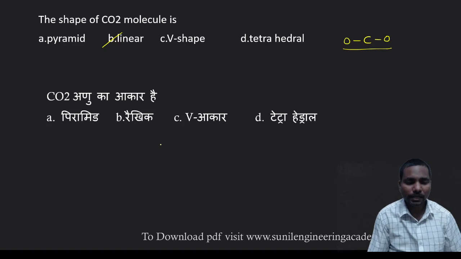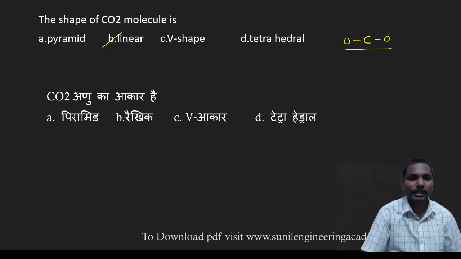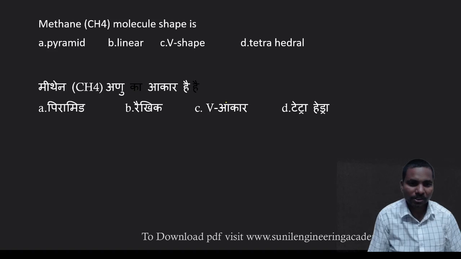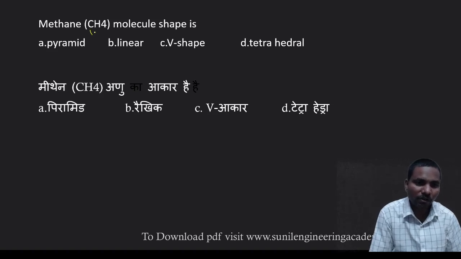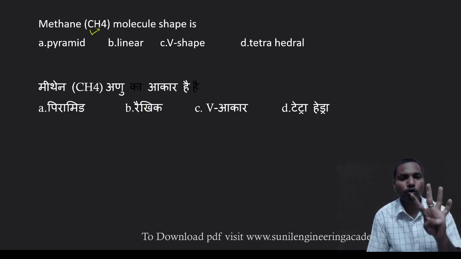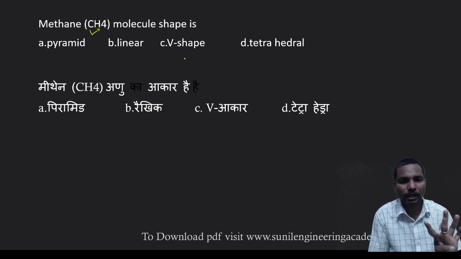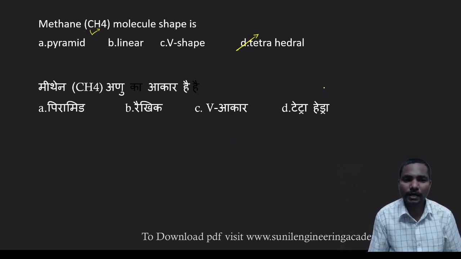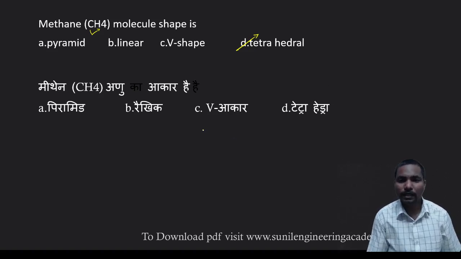Now the second question, methane molecule shape is dash. Here one carbon with four hydrogens. Four means tetra, so it forms tetrahedral.